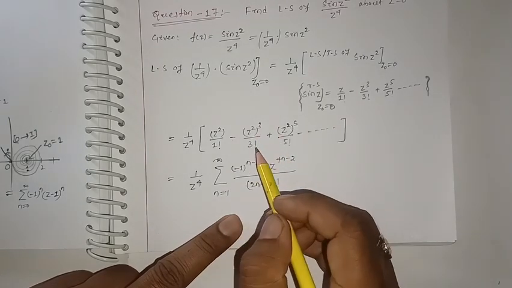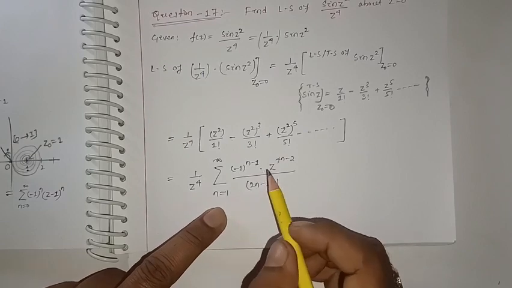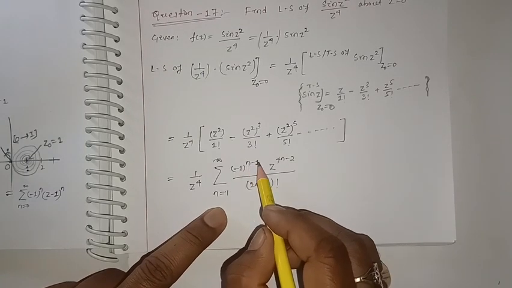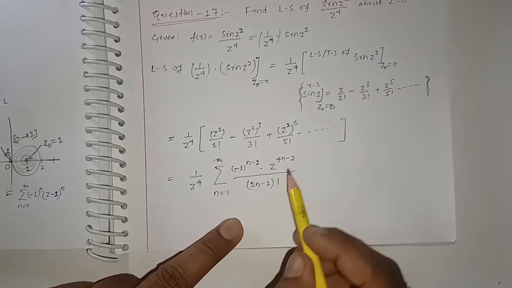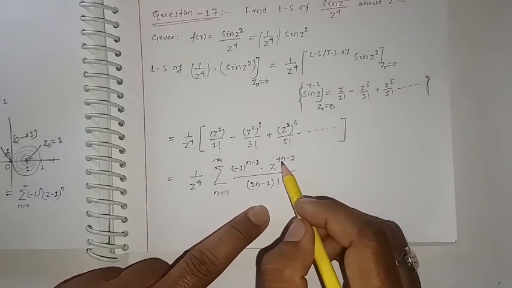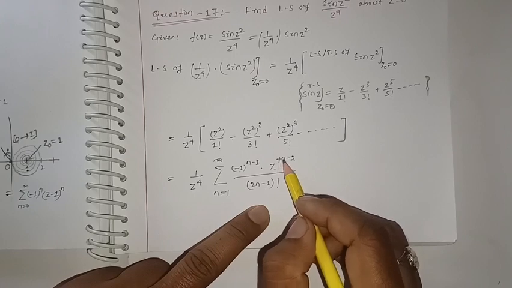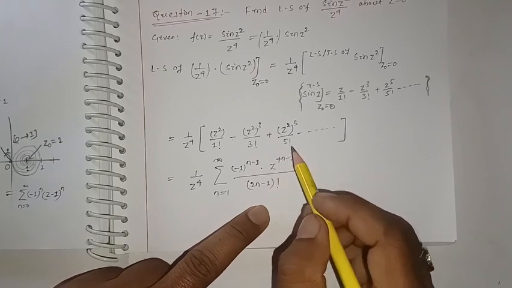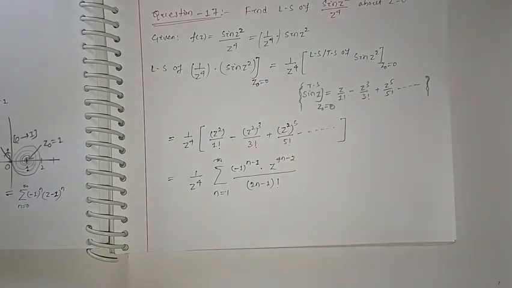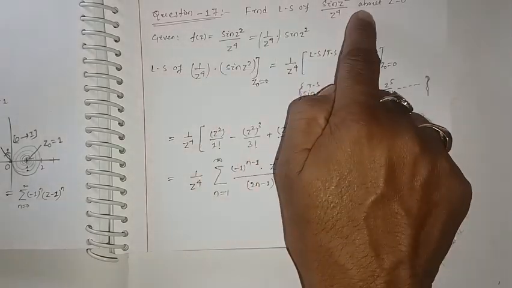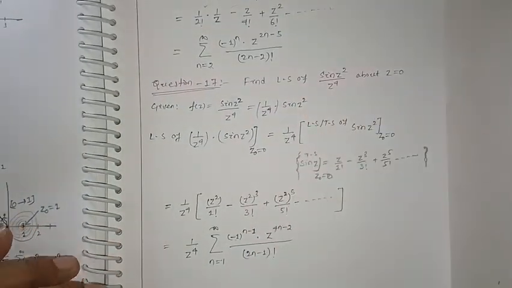If I put n equal to 3: minus 1 to the 3 minus 1, that is minus 1 to the 2, means plus; 6 minus 1, 5 factorial; 4 into 3, 12 minus 2, 10, z to the 10, which is z square to the power 5. So this is the summation format of the Laurent series of this function about z equal to 0.